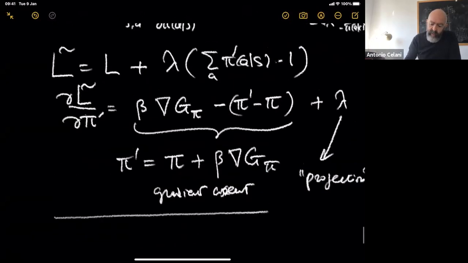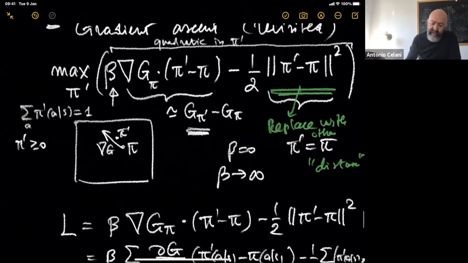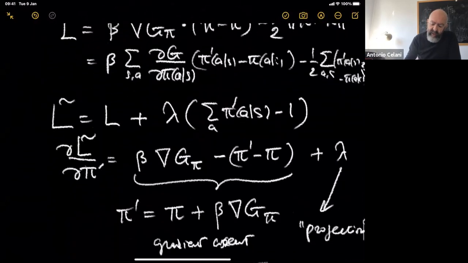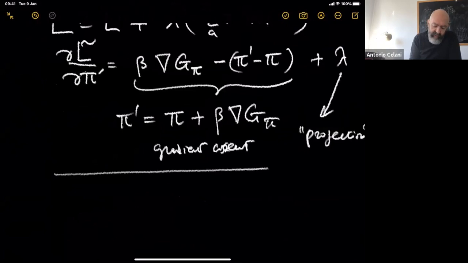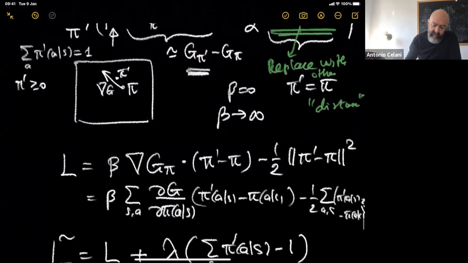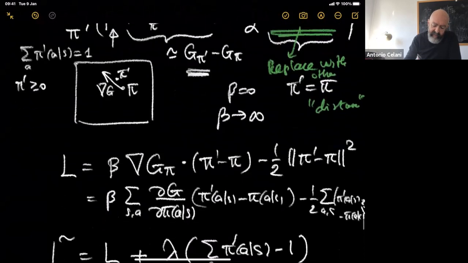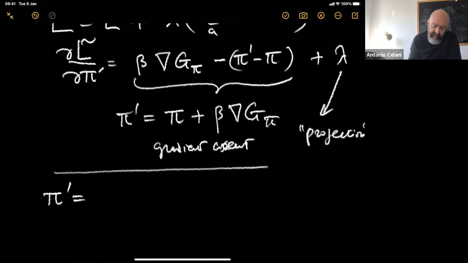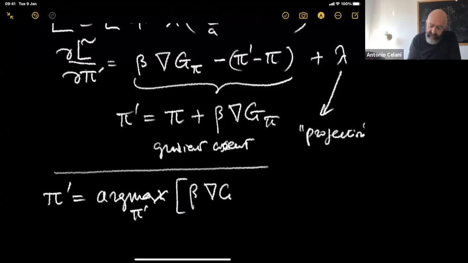We want to repeat this kind of argument, but now with a different distance. So we want to move in policy space according to this rule. My new policy pi prime is going to be the argmax over pi prime of the same thing, beta times the gradient of g times pi prime minus pi.